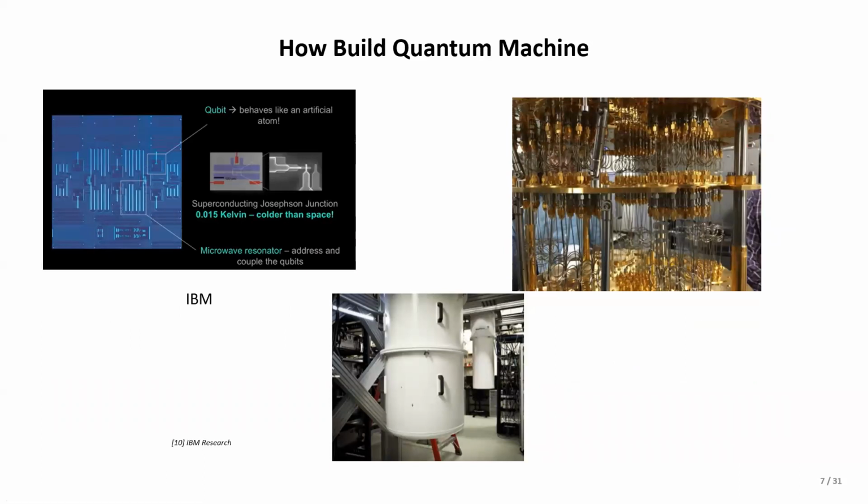Regarding building quantum computers and quantum machines, there is some ongoing research and there are available machines. This is an example of the IBM quantum machine. As you can see here in these pictures, the qubits act like artificial atoms, and they use superconductivity, which leads to a temperature of around 0 Kelvin.